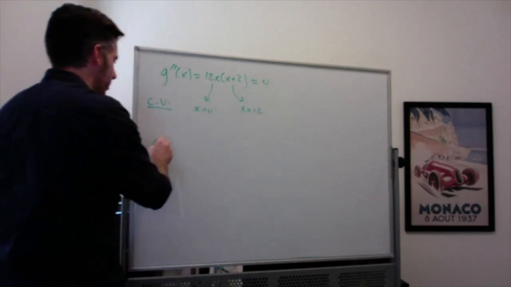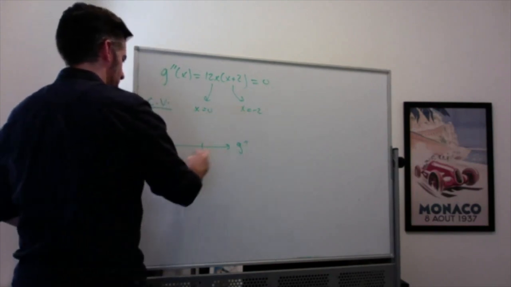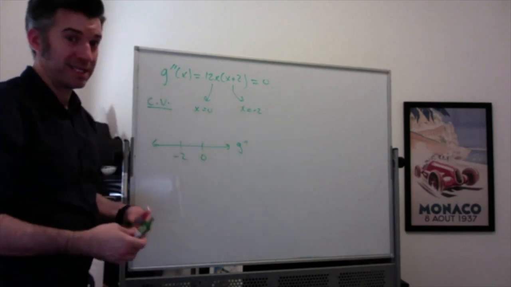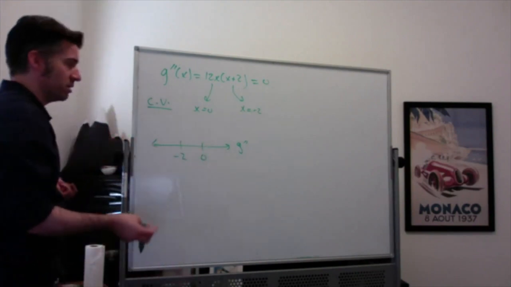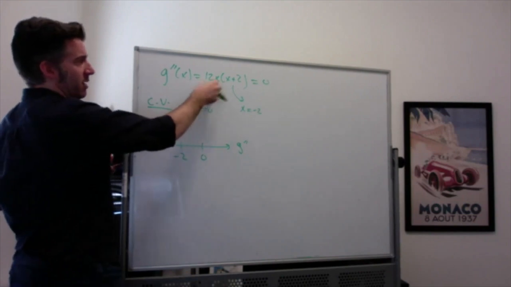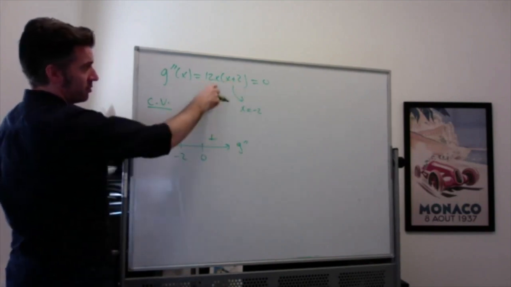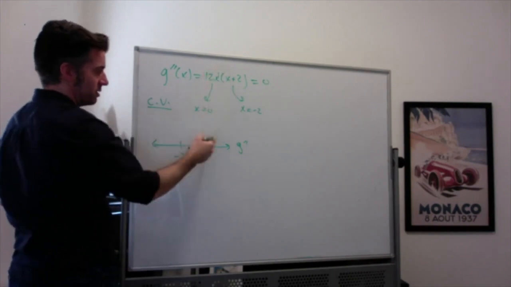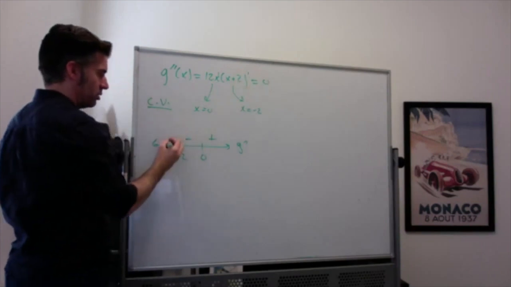So on my second derivative sign chart, I'm going to put 0 and -2. And then I'm going to look at the signs of the second derivative in each of those intervals. If I pick a number larger than 0, like 5, 12 times 5 is positive, 5 plus 2 is positive, so it's positive. And 0 comes from x to the first, so the sign's going to change. -2 comes from x plus 2 to the first, so the sign's going to change.